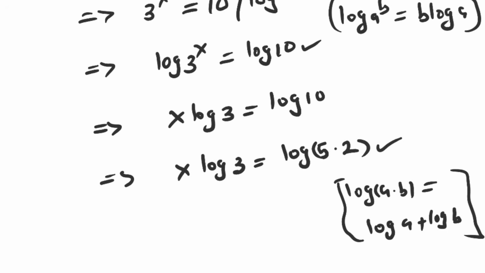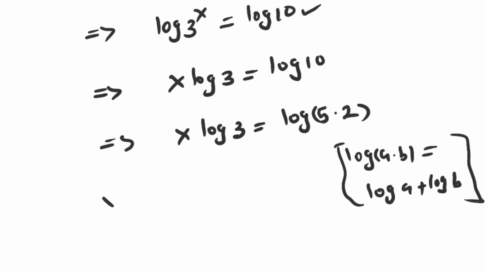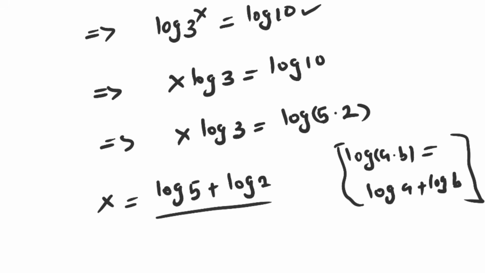Then the whole of this can be written as x is equal to log 5 plus log 2 divided by log 3.